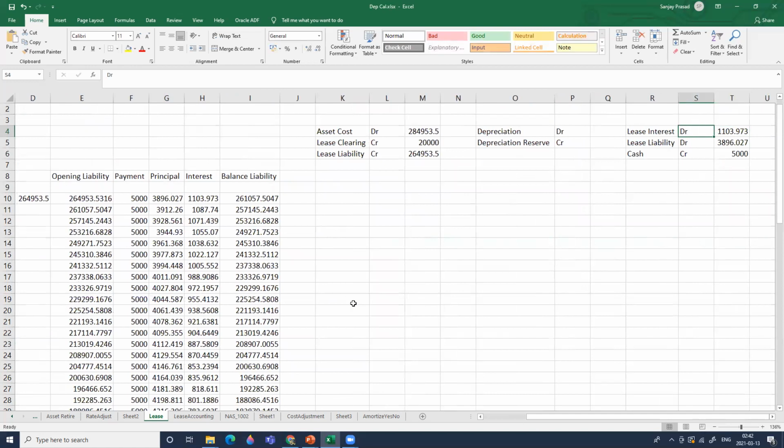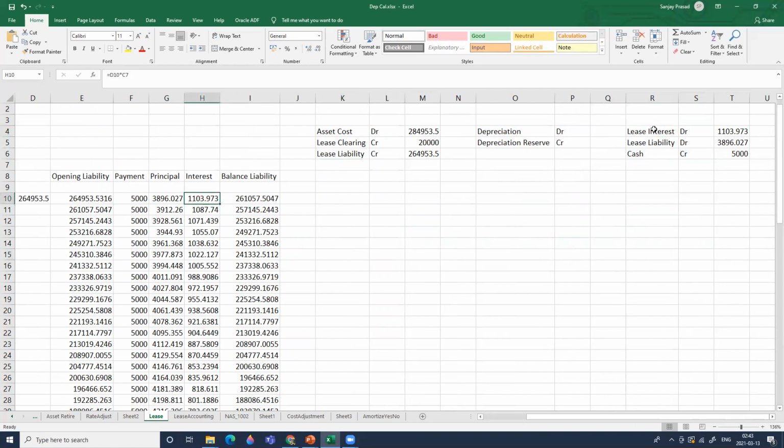So in totality, every month, apart from this accounting that takes care of proration of the asset cost, which is already cleared off, to clear off this lease liability we have to create this set of accounting every month. What is this accounting?